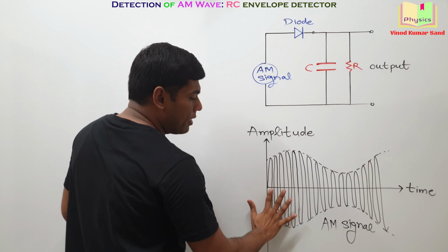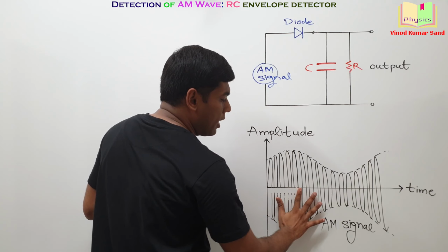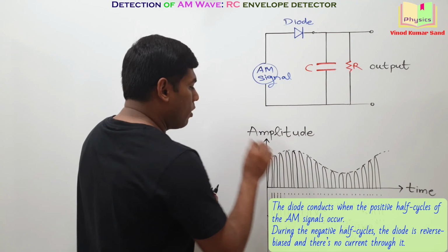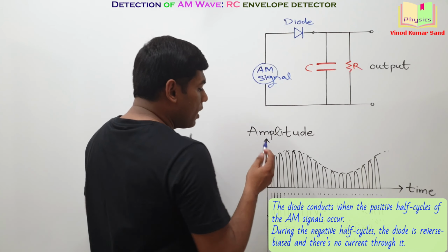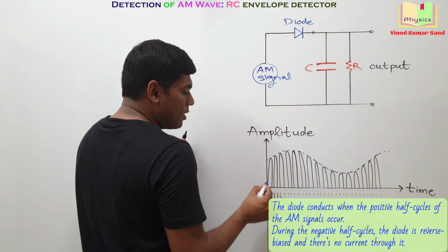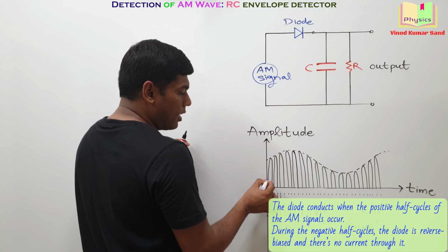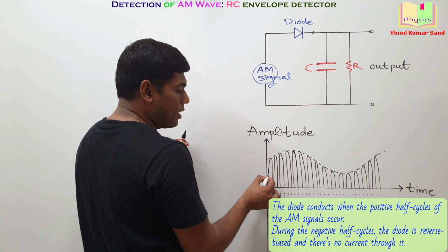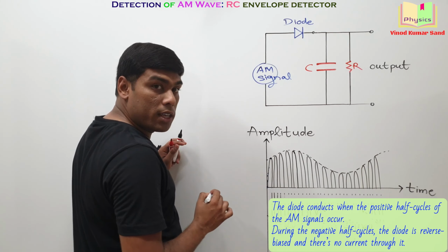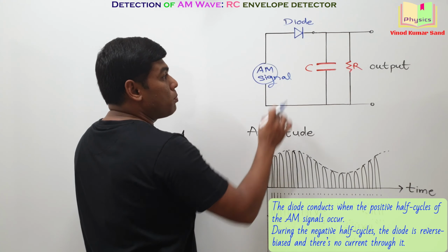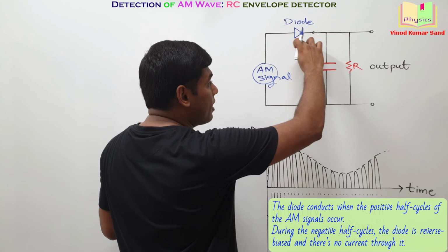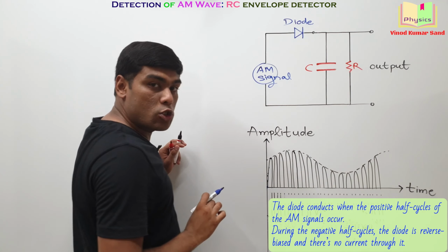Means I can delete this part of the AM signal. Now we'll focus on this part. When this cycle is attaining its peak, let's say the voltage level reaches up to here. Since the voltage is positive, the diode is conducting, so the capacitor will get charged.